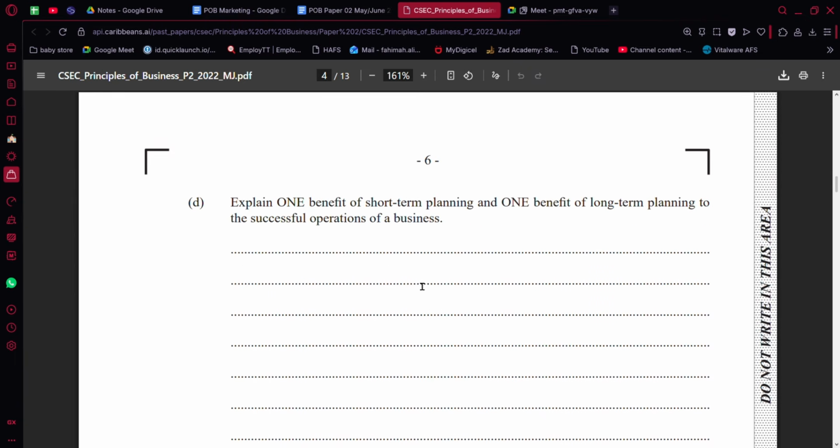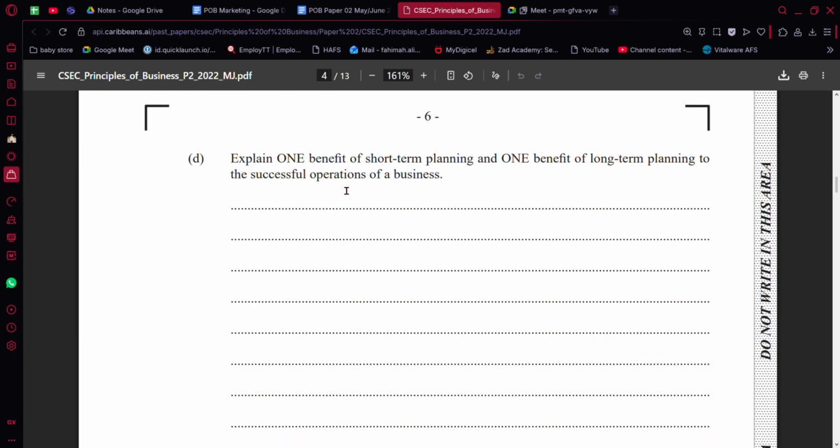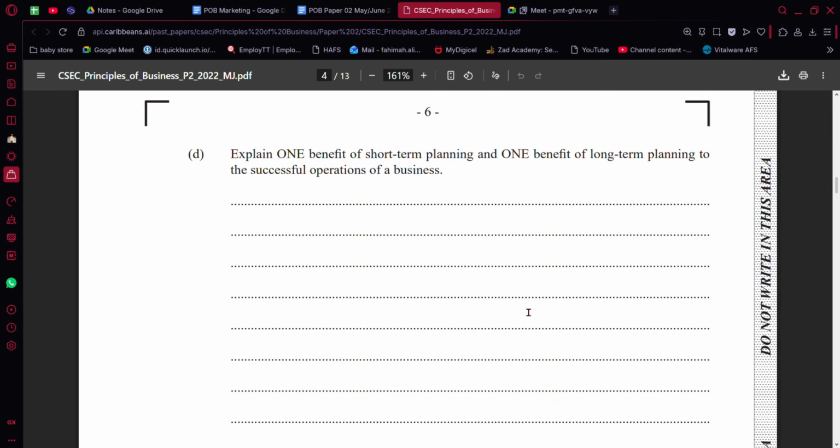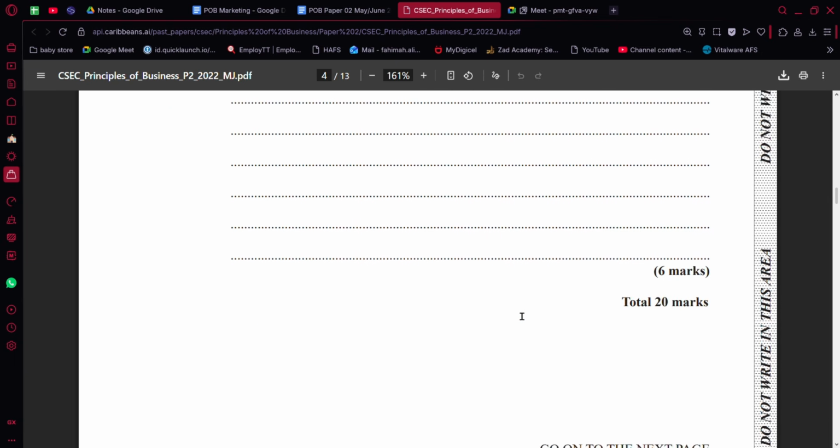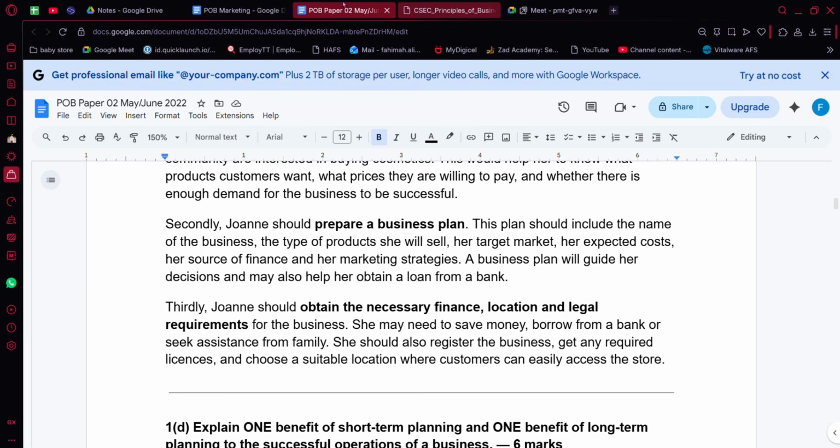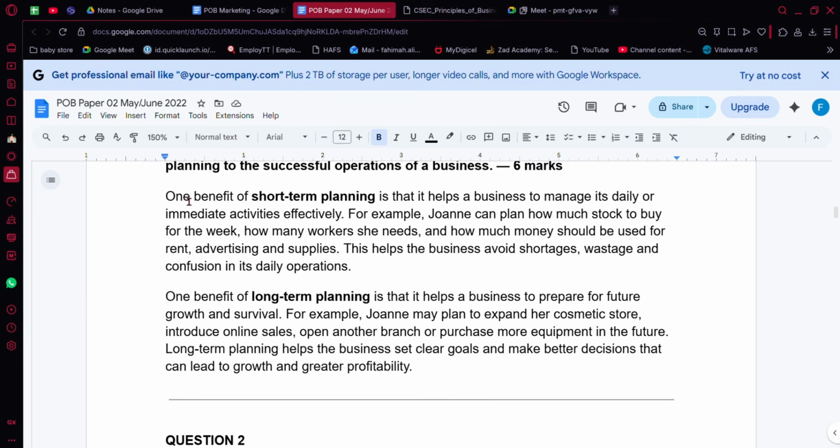Our next question. Explain one benefit of short-term planning and one benefit of long-term planning to the successful operations of a business. 6 marks. So one benefit of short-term planning is that it helps a business to manage its daily or immediate activities effectively. For example, Joanne can plan how much stock to buy for the week, how many workers she needs, and how much money should be used for the rent, advertising, and supplies.